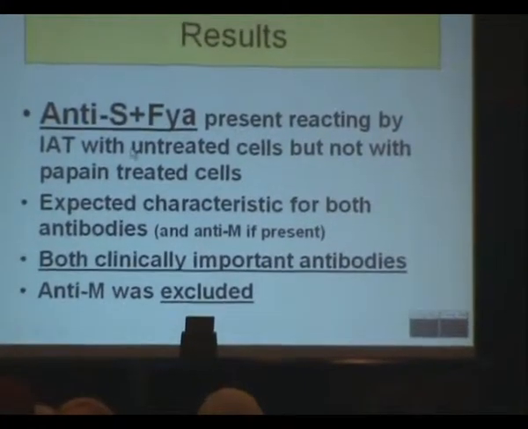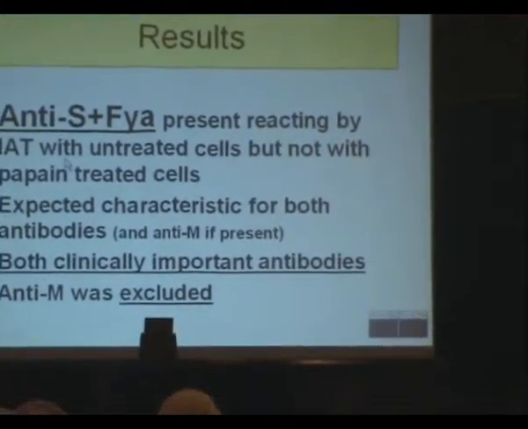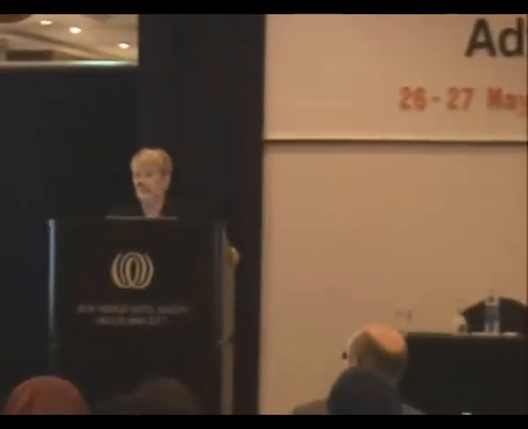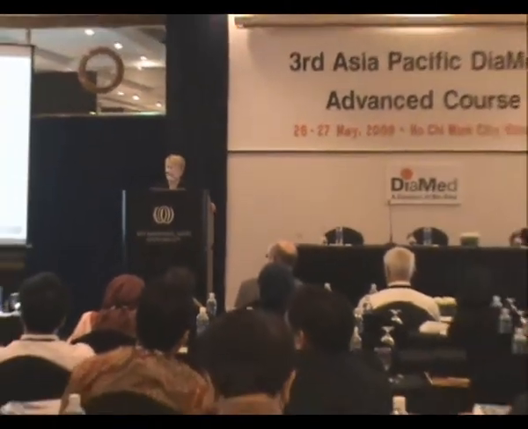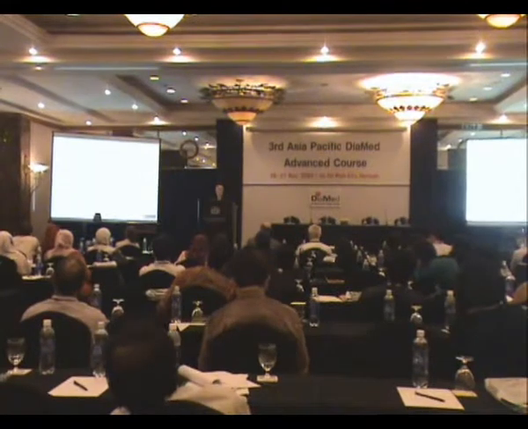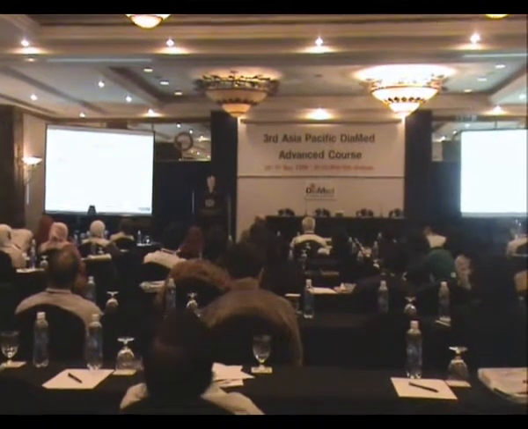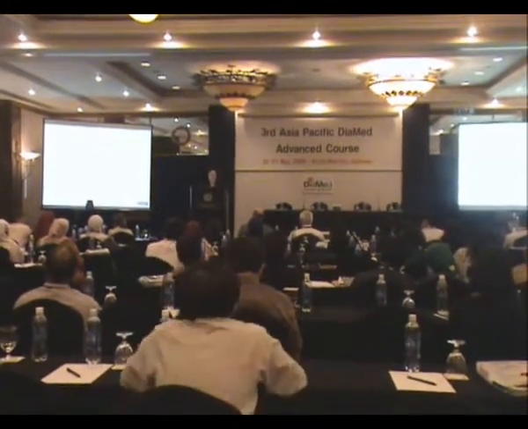And this is reacting typically for these antibodies: they react by an antiglobulin technique, but not with the papain-treated cells. Both of these are clinically important antibodies, and anti-M would be excluded. Generally, to assign specificity, we say you should have at least 2 cells.